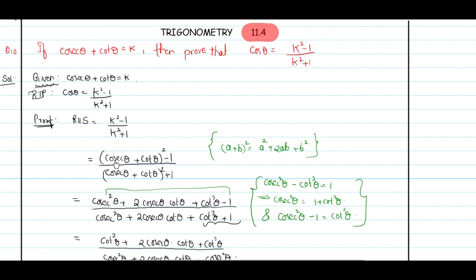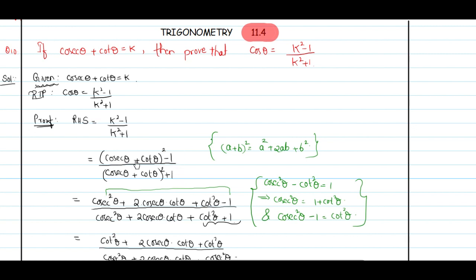So, we can write this as cosecant theta plus cot theta whole square minus 1, k square, right. And in the denominator, again we have k as cosecant theta plus cot theta, whole square plus 1.